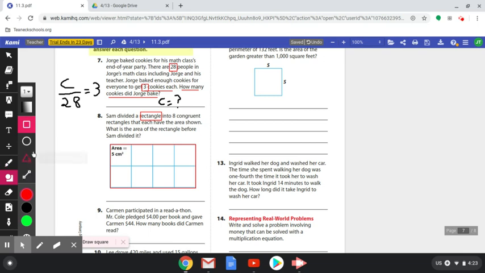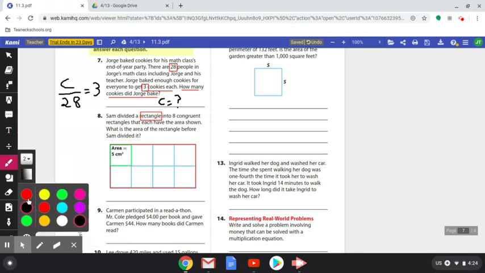It was then divided into eight congruent rectangles. And they're telling you that this rectangle in green has an area of 5 centimeters squared.